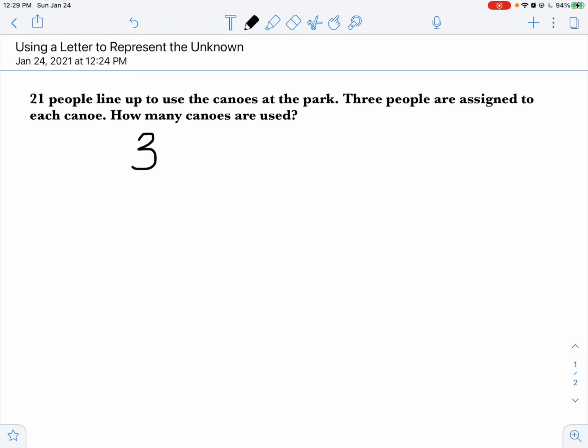I can think of it as 3 times something equals 21, right? 3 people per canoe times however many canoes will give me my 21 people. Or I can think of it as 21 divided by 3 equals something, right? We have 21 people, put 3 in each canoe, and then we'll find out how many canoes.